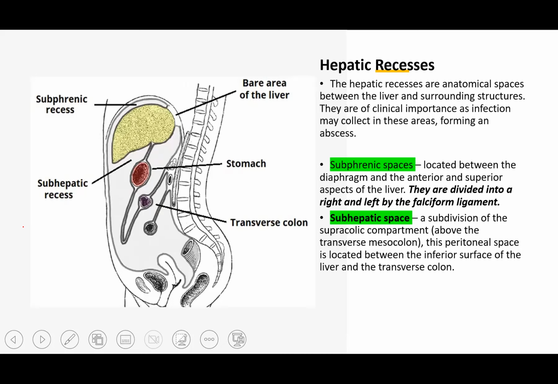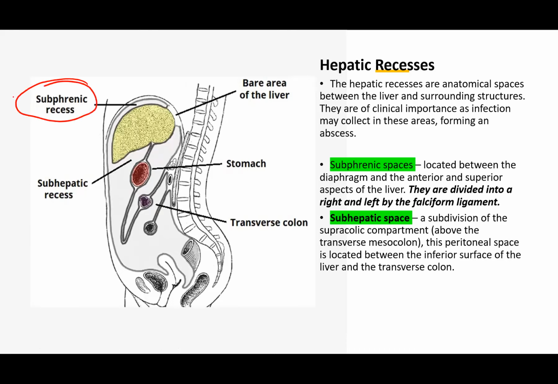The subphrenic space is located between the diaphragm and the anterior and superior aspects of the liver. It is divided into right and left by the falciform ligament. So this is the subphrenic space.